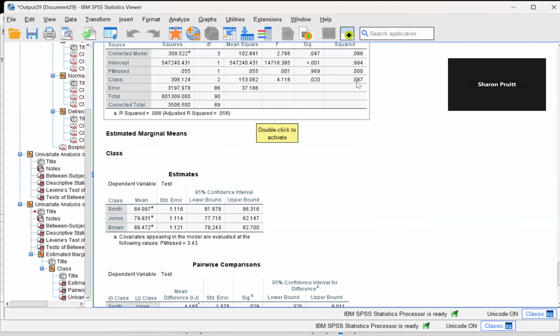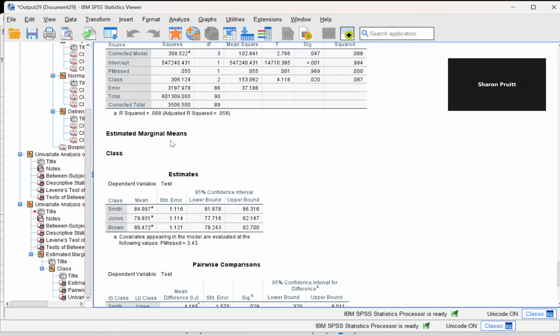A value of 0.087 indicates a medium effect size. This means that approximately 8.7% of the variance in test scores is explained by class membership after controlling for periods missed. This suggests the difference is not only statistically significant, but also moderately meaningful in practice.